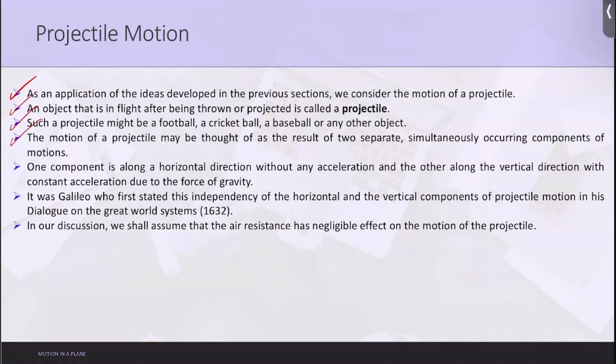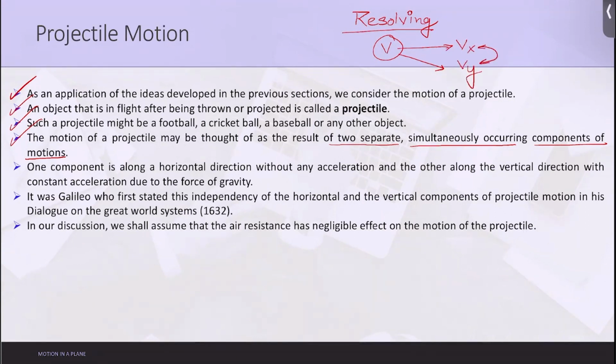The motion of a projectile may be thought of as the result of two separate, simultaneously occurring components of motion. Now, this is a very important line. In all the previous concepts we studied, about resolving vectors and the equations of motion in a 2D plane, the basic idea was that a vector can be resolved into two components, let us say Vx and Vy, and both are independent of each other.